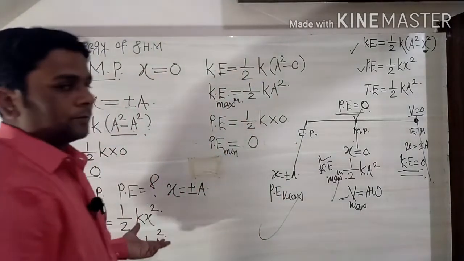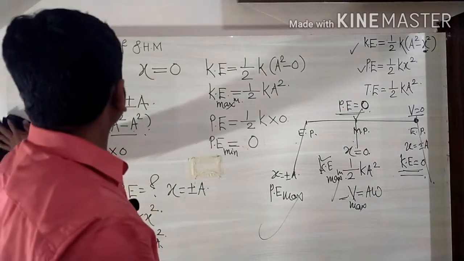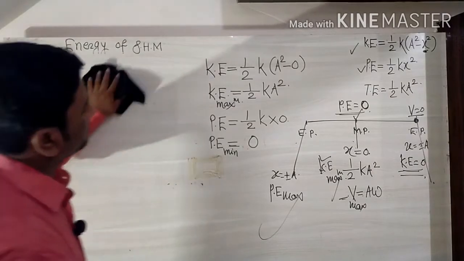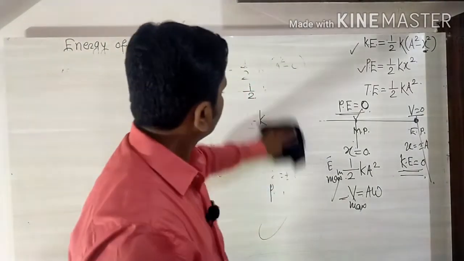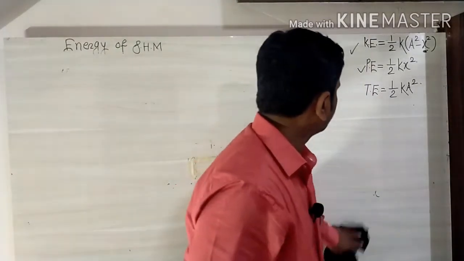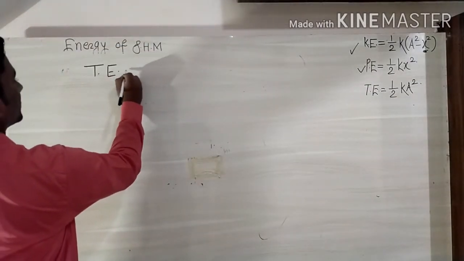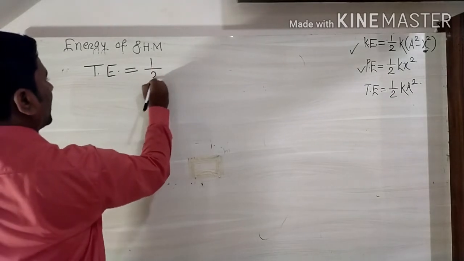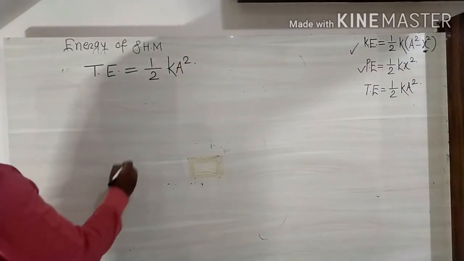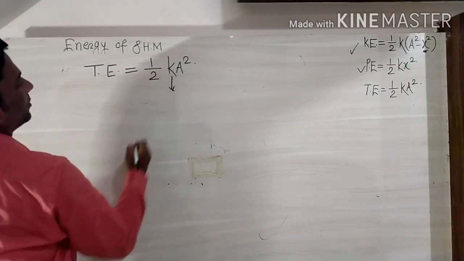So now we see the next, that is the total energy, which we have already found. Total energy is equal to 1/2 k a square, but we know that k is equal to m omega square.